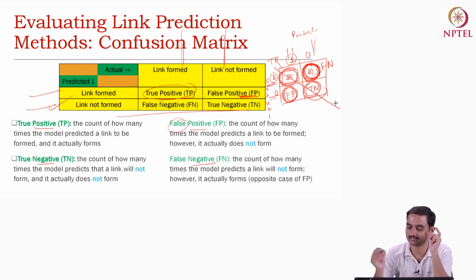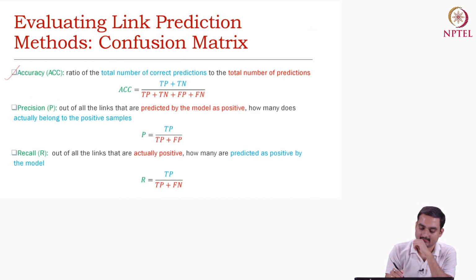So these diagonal elements are correct predictions. So accuracy is true positive plus true negative divided by the total, true positive plus false positive plus true negative plus false negative, which if you sum them up is the number of instances n, right? This is accuracy. Why accuracy is not a good measure, I will discuss later.